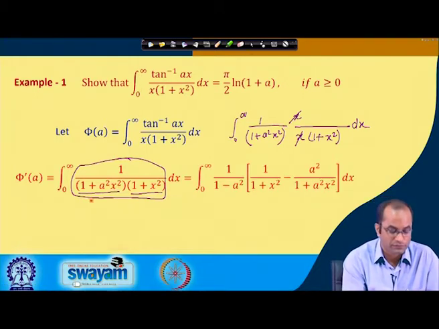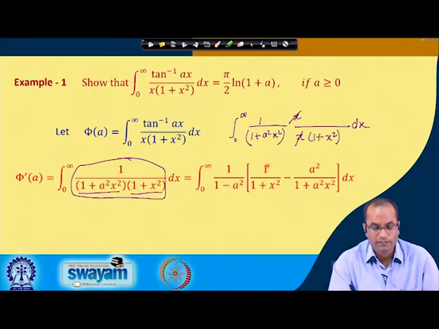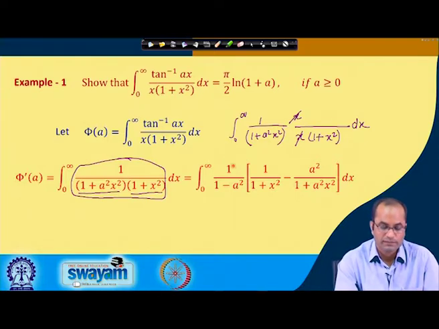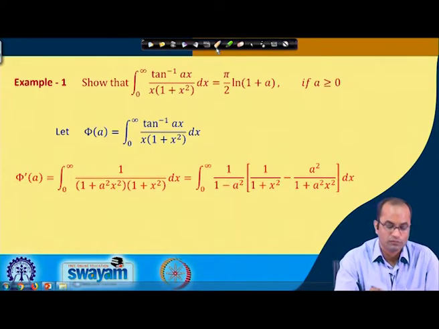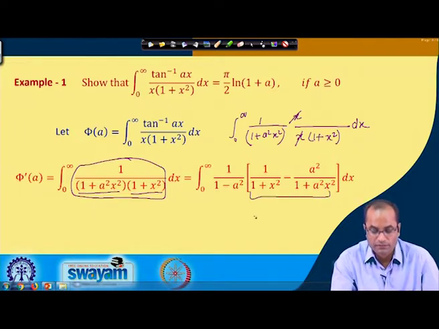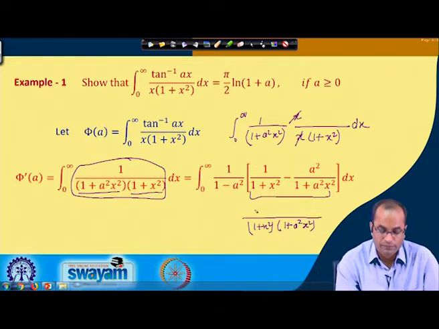Now we can do the partial fractions here. The partial fractions of 1 over (1 plus a square x square)(1 plus x square) will be given as 1 over 1 plus x square minus a square over 1 plus a square x square. And then to balance this, we need to also multiply by 1 over 1 minus a square. Because when we multiply, there will be 1 plus a square x square, and this will be minus a square minus a square x square.